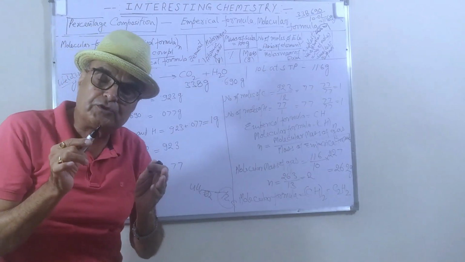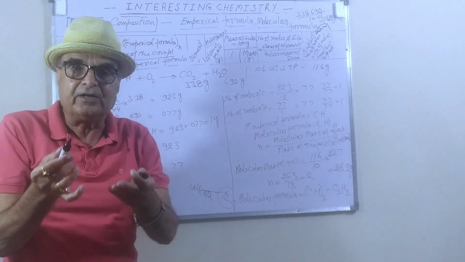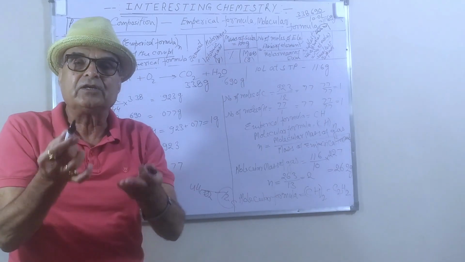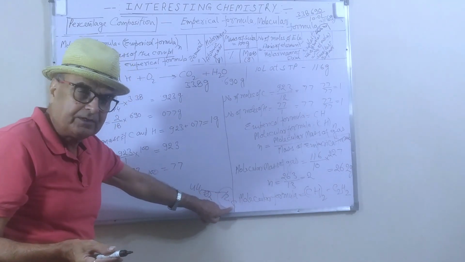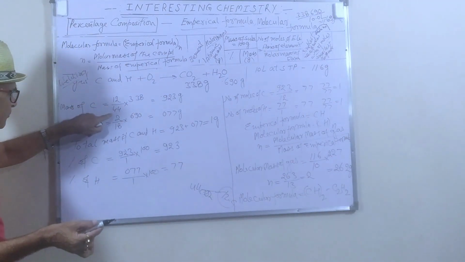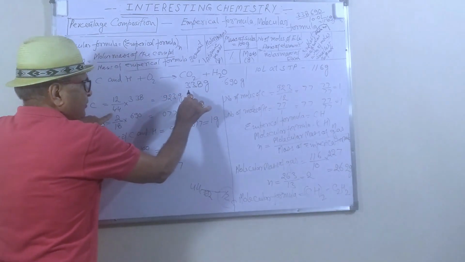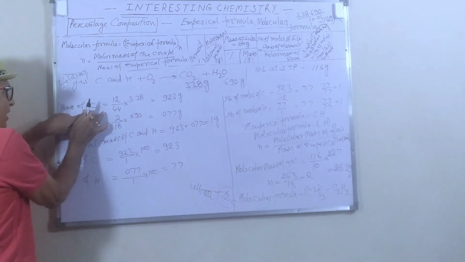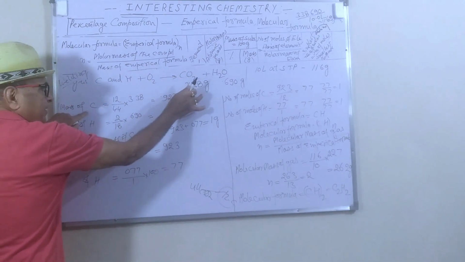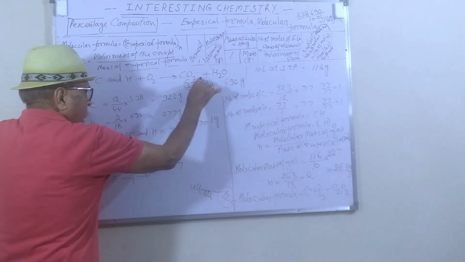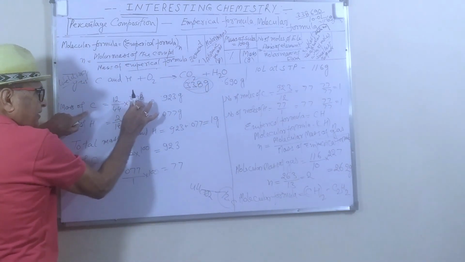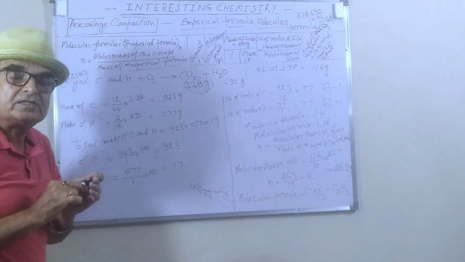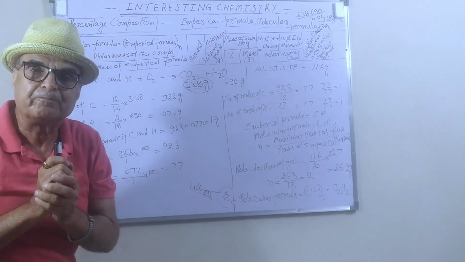The molar mass of CO2 is 44, and this 44 gram of CO2 contains 12 gram of carbon. So 12 upon 44, and you have the amount of carbon dioxide 3.38. So the mass of carbon in this carbon dioxide will be 3.38 times 12 upon 44, which is equal to 0.923 gram. This is the mass of carbon.